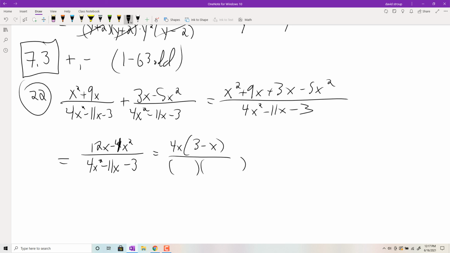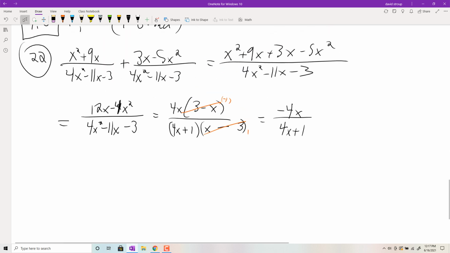Downstairs, it looks like if you get a 4 and a 3, maybe you could get a nice 11 in between. Okay, with a minus there and a plus 1. Yeah, and then there's opposite factors. So this and this are opposites. You replace the top with a negative 1, and the bottom with just a 1, and then you get negative 4x all over 4x plus 1.